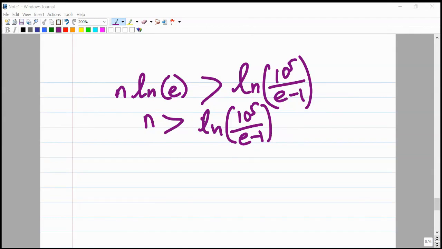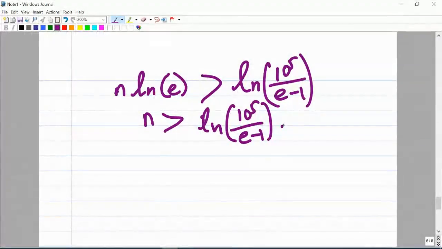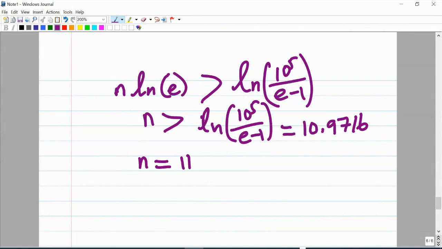So the log of 10 to the power 5 over e minus 1 becomes 10.9716. So it says n is the natural number that is greater than this, so n would be equal to 11.